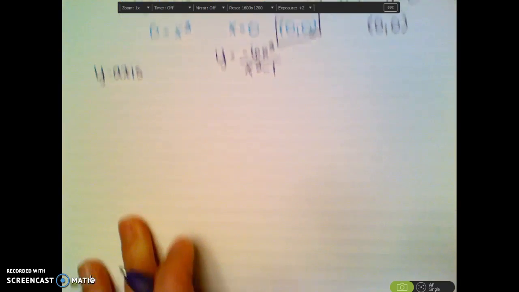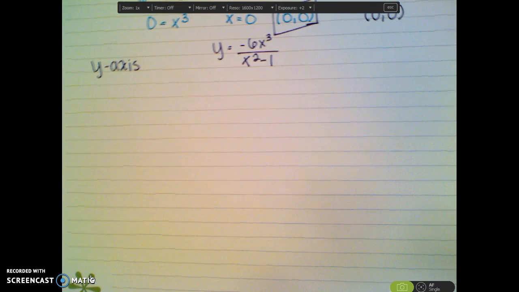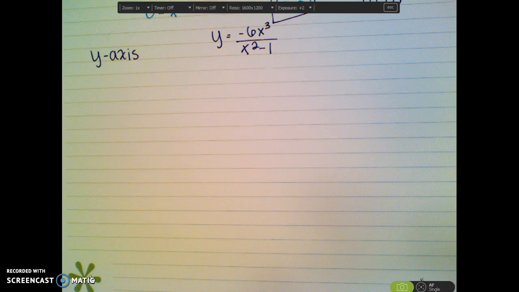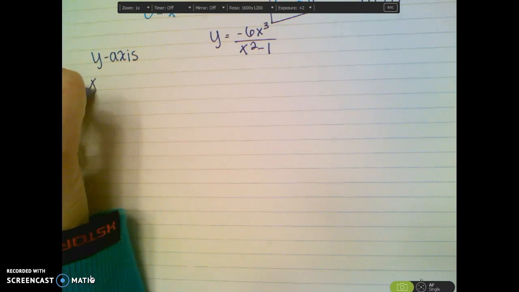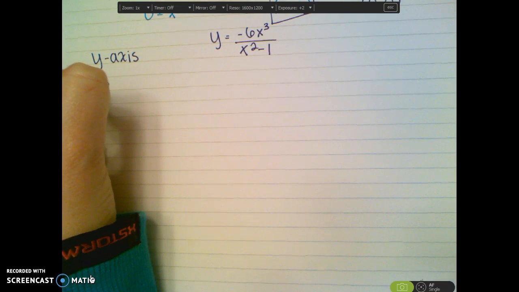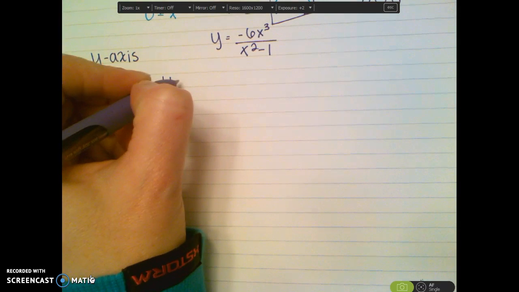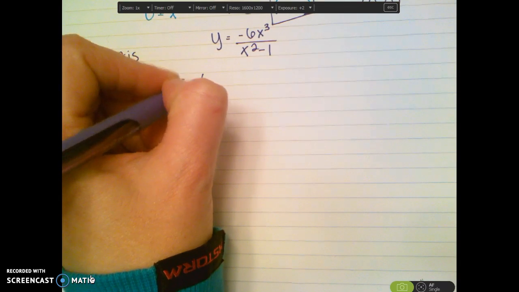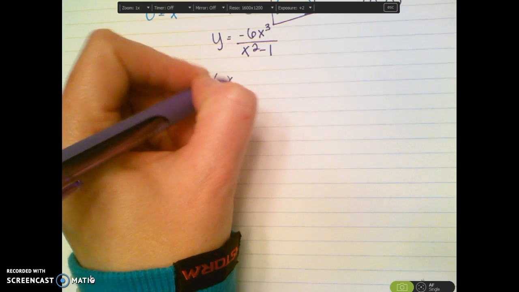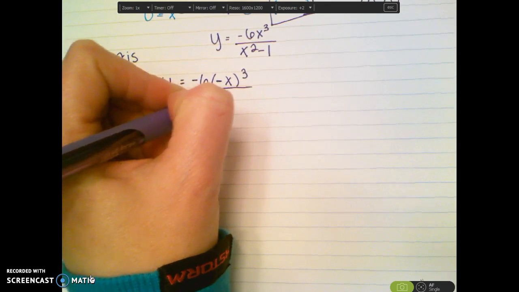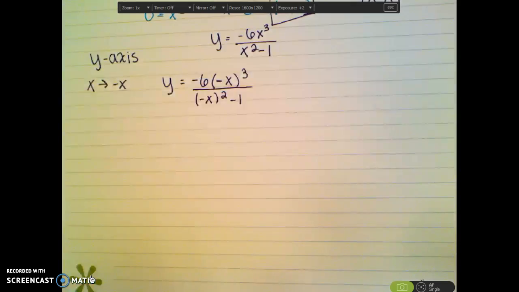Okay. So for y-axis symmetry, we are going to replace every x in our equation with a negative x. So y equals negative 6 times negative x cubed over negative x squared minus 1.